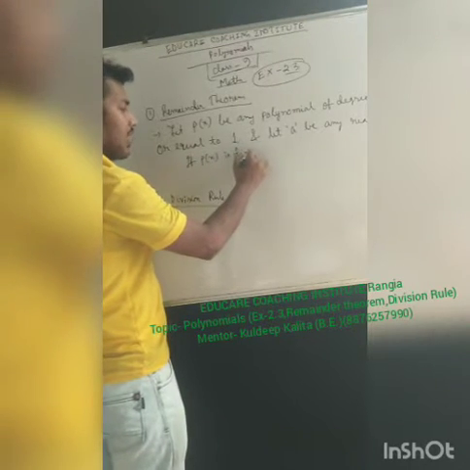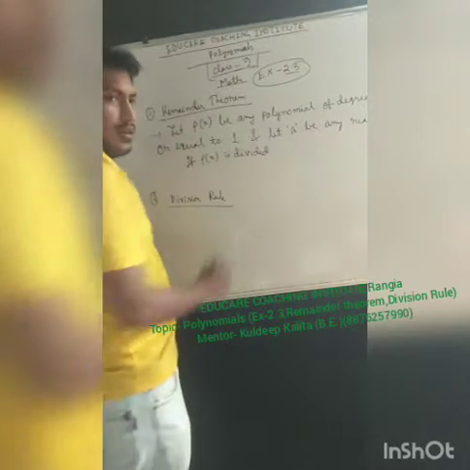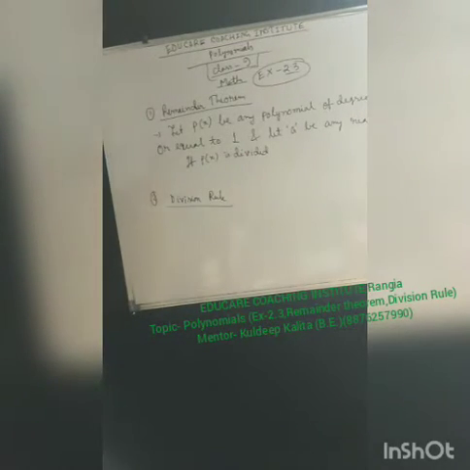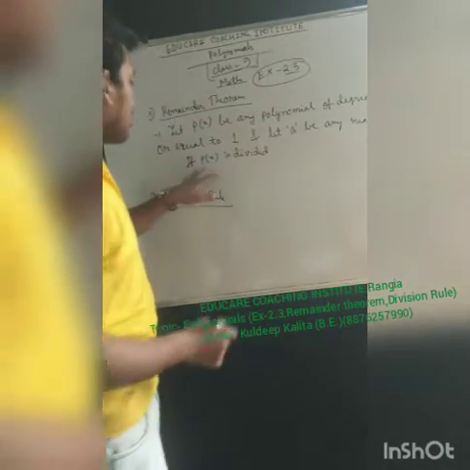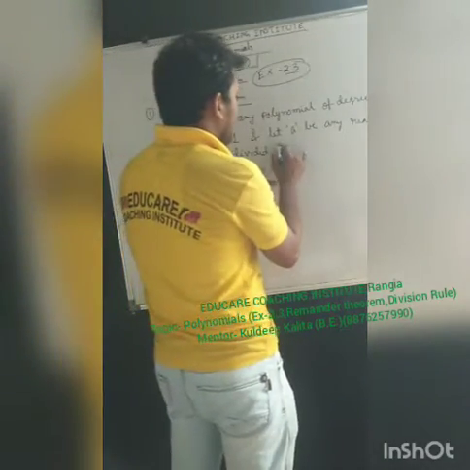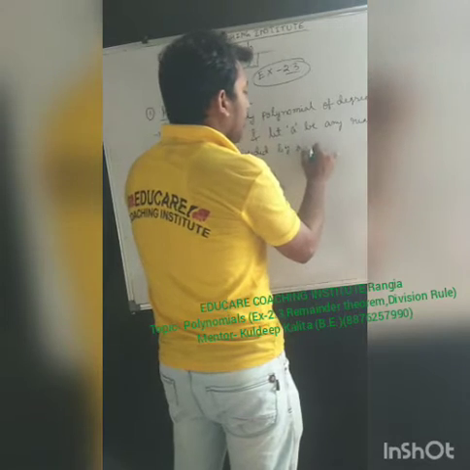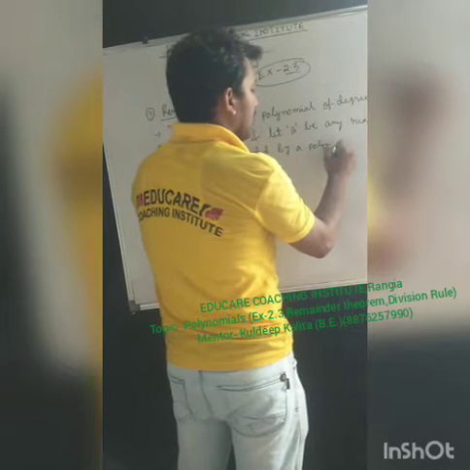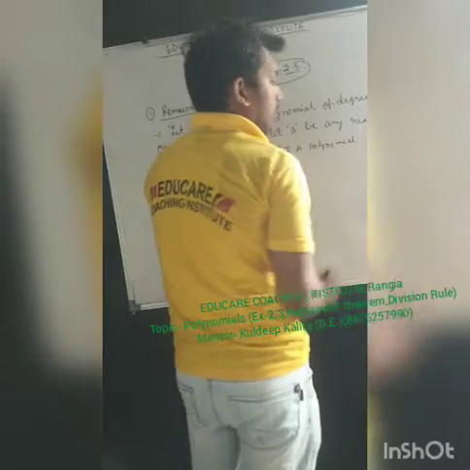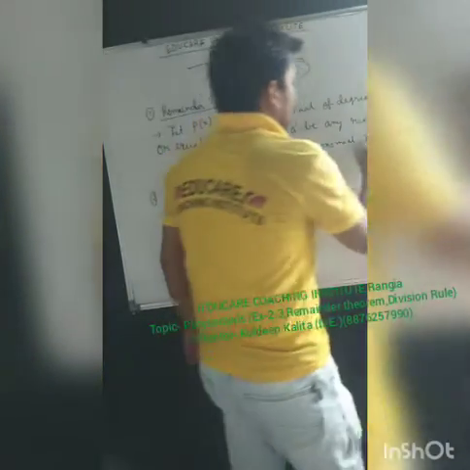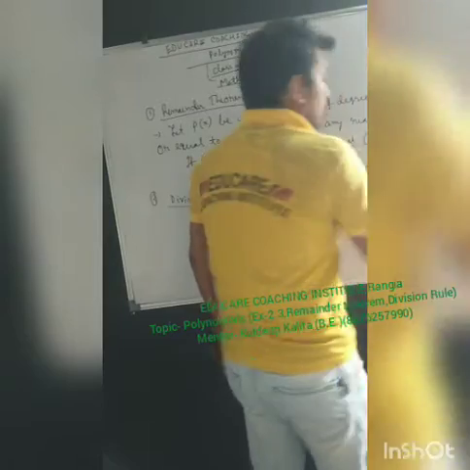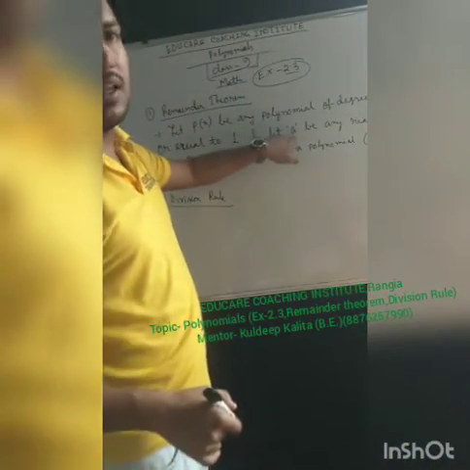If P(x) is divided by a polynomial, one polynomial divided by another polynomial which is x minus a, where it comes from a.